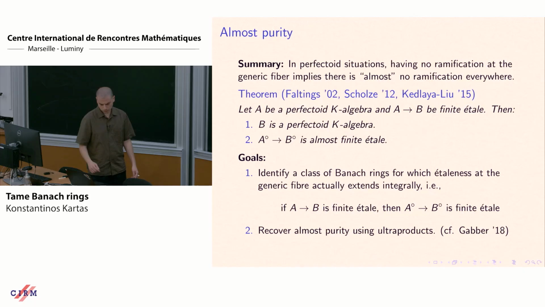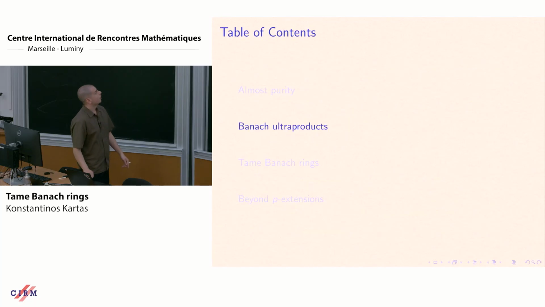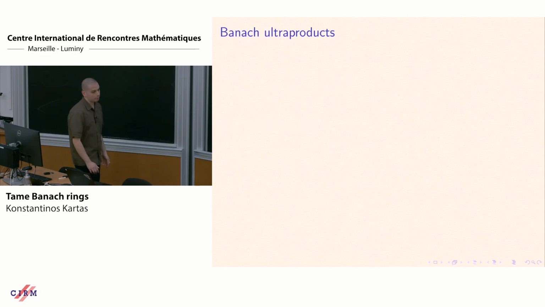So I will first explain what I mean by an ultraproduct, because actually it's not what you think. Since we are dealing with objects of analytic nature, like Banach algebras, it's much more natural to use the same kind of ultraproducts that are used in Banach spaces and in C-star algebras and things like that. These are called Banach ultraproducts.